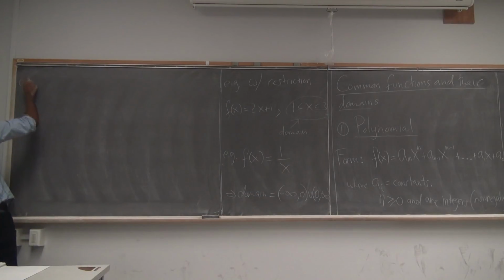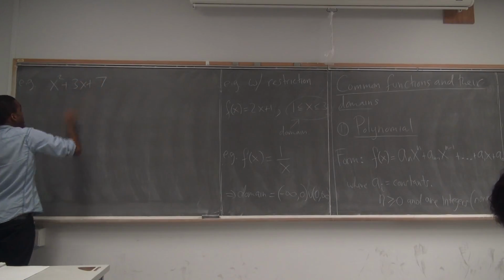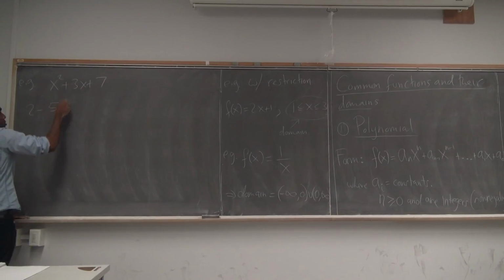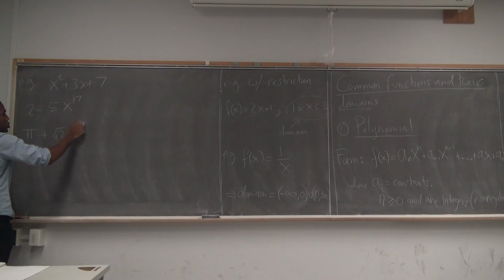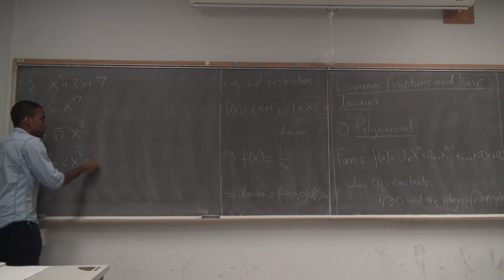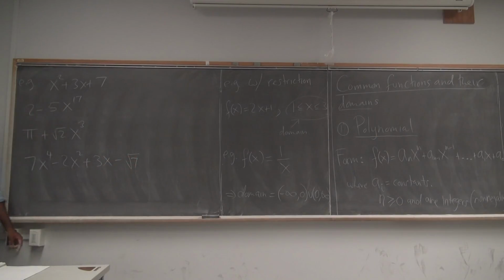For example, x squared plus 3x plus 7 is a polynomial, or 2 minus 5x to the 17 is a polynomial, or pi plus radical 2 x cubed is a polynomial, or 7x to the 4th minus 2x squared plus 3x minus radical 7 is also a polynomial.